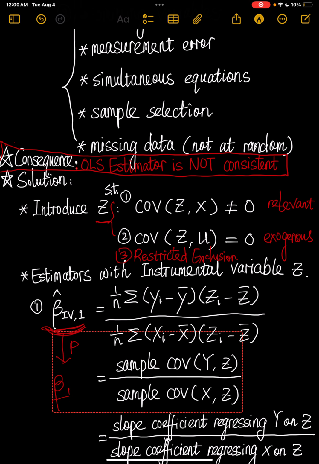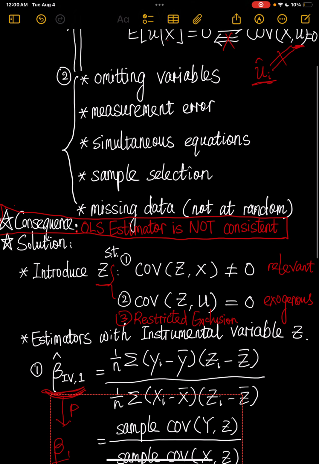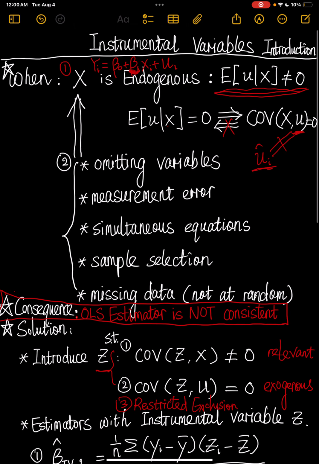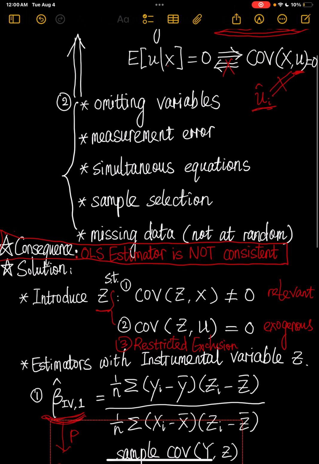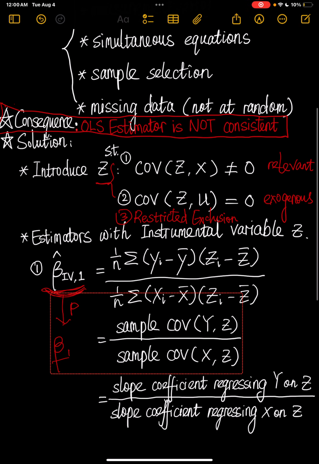So even though it's biased, at least it's consistent, right? So it can be a viable estimator for beta 1 instead of directly estimating beta 1 under direct OLS. And we're also going to derive why the IV estimator takes this formula. Okay, see you soon.